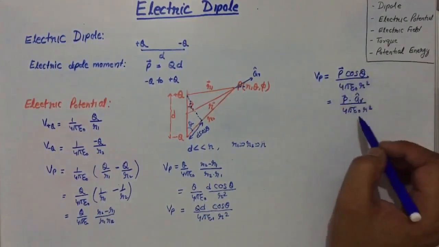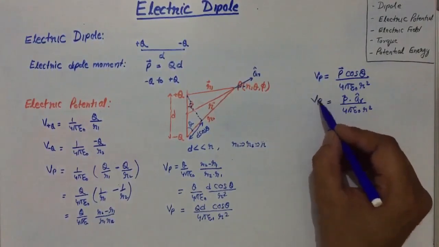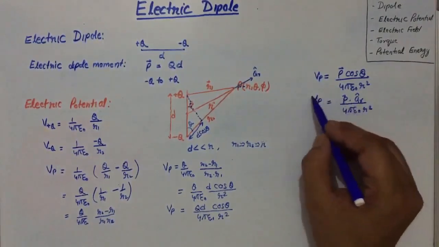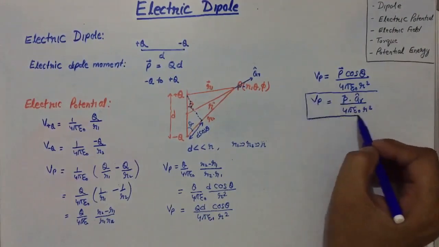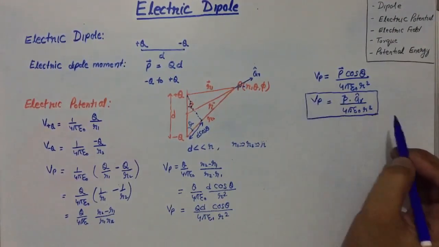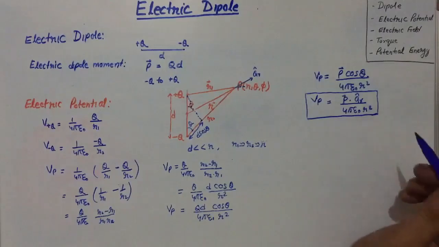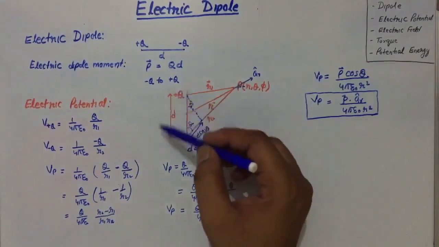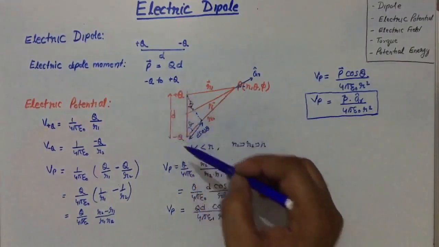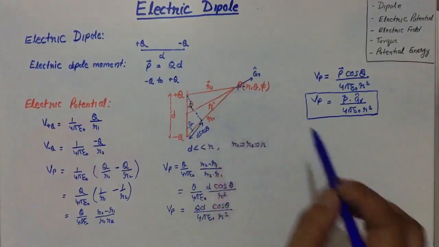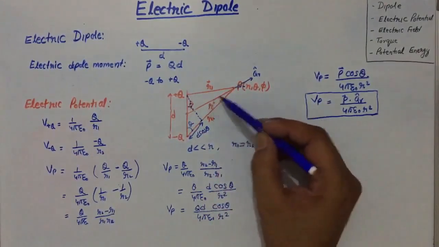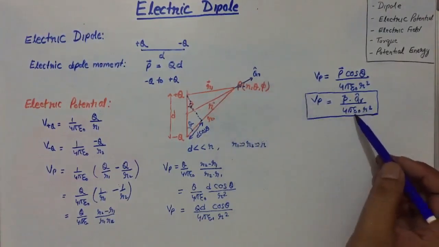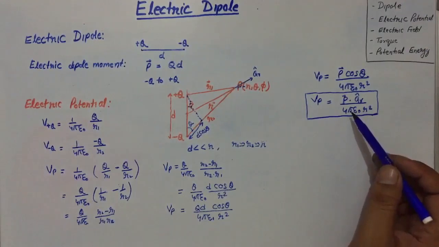This term can be written like this. So this is our final term: the electric potential due to this electric dipole at any point P will be p dot a_r divided by 4 pi epsilon naught times the position vector square.